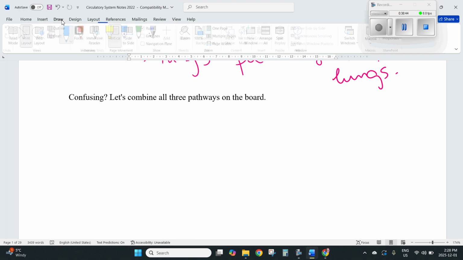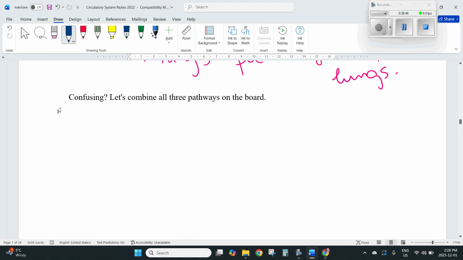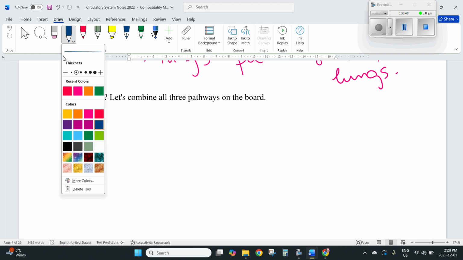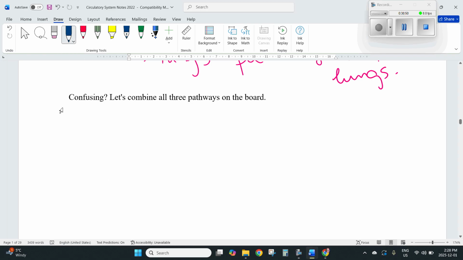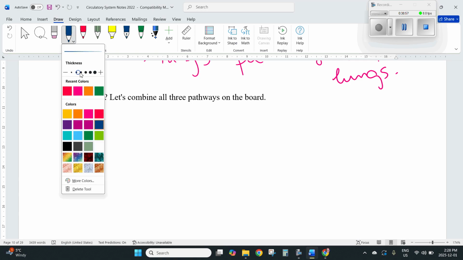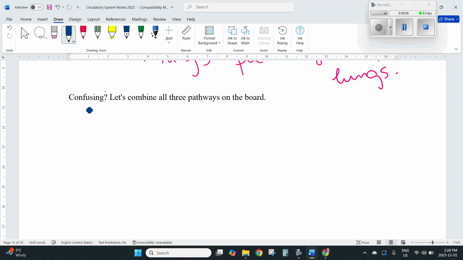Okay, here we go. So we're going to start at the vena cava. Now we get to shorten our vena cava sometimes to VC. I am okay when you do your labeling that if instead of writing vena cava, you put VC. So vena cava goes into the right atrium.